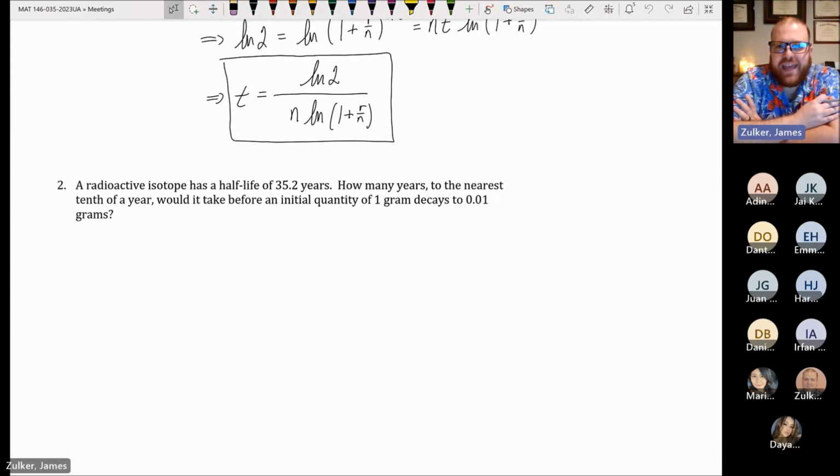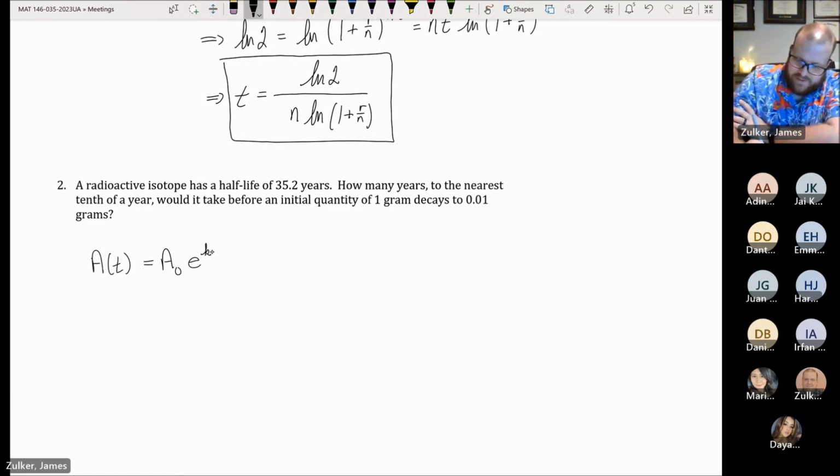The model for radioactive decay: the amount remaining after a time t is A naught, the initial amount, times e to the kt.